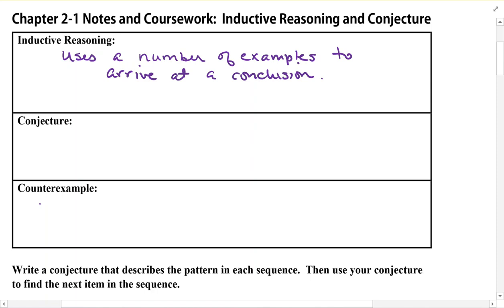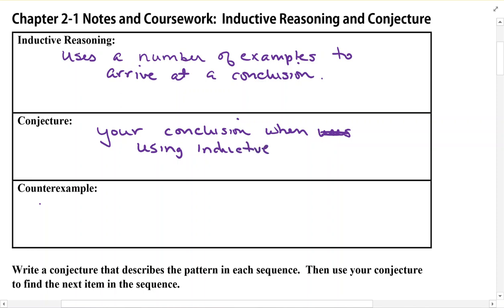A conjecture is the conclusion you reach when using inductive reasoning. To prove a statement true, you have to show it works for all or is true for all examples.